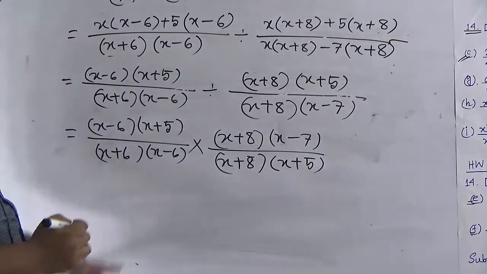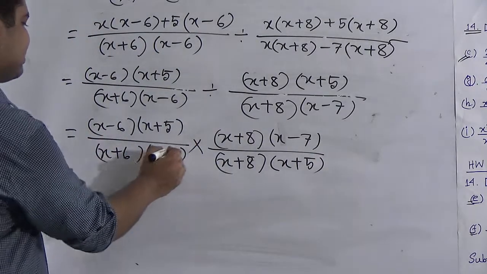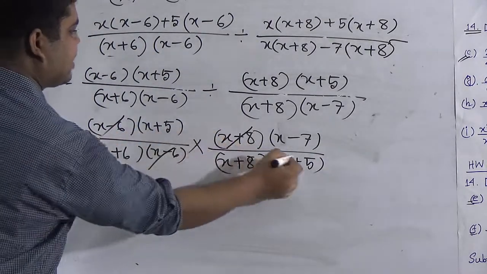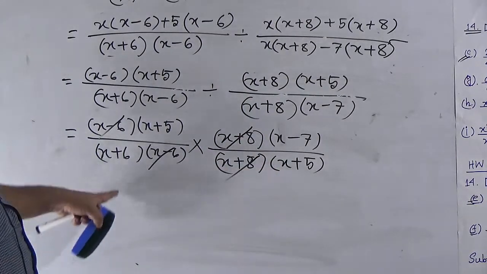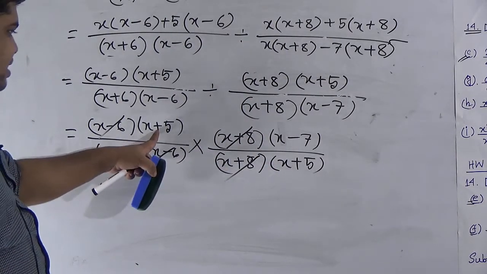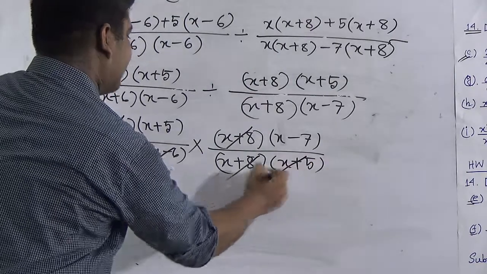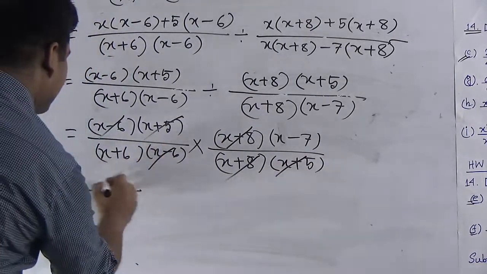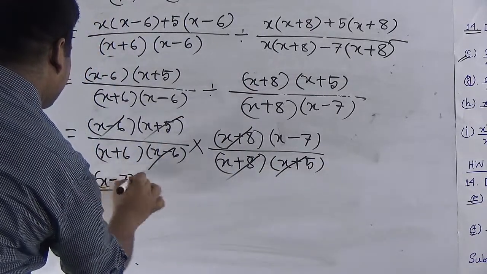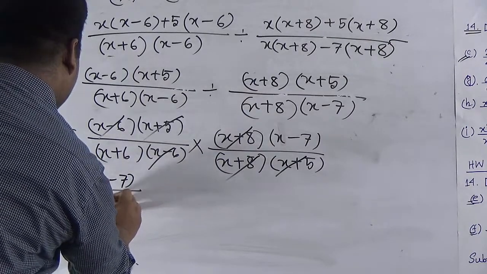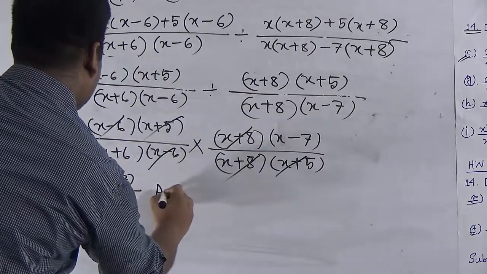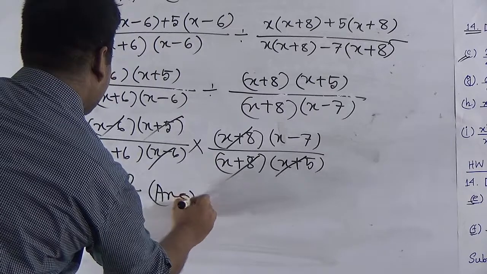Now we cut x minus 6, cut x plus 8. Students, notice x plus 5 is also cut. Here left x minus 7 and here left x plus 6, and this is the answer.